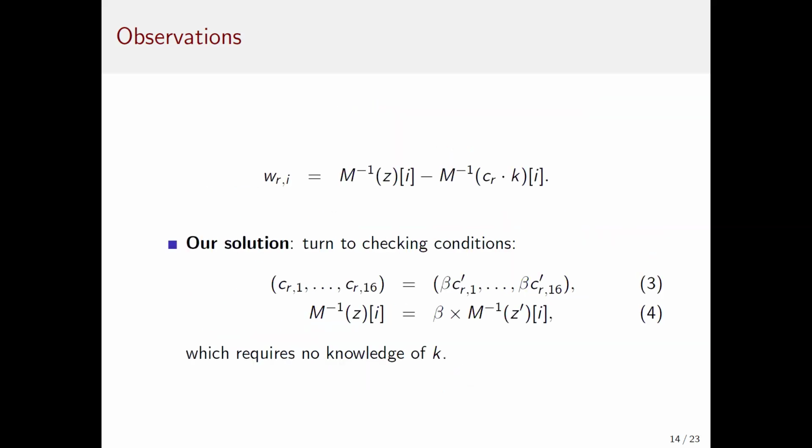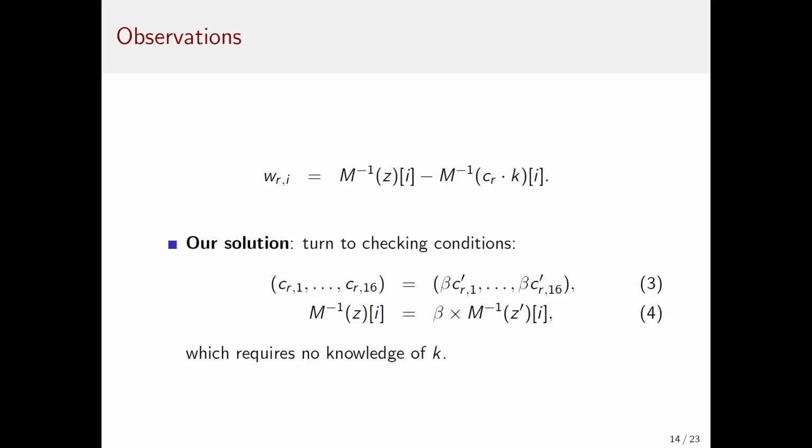Our idea is quite simple, a similar idea to differential attacks. Note that CR and CR prime are public to the attackers, and it is also common to assume the keystream words are public to attackers.